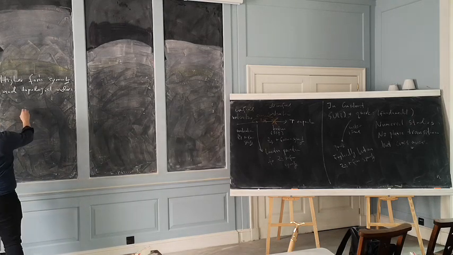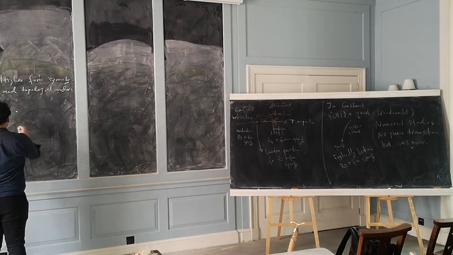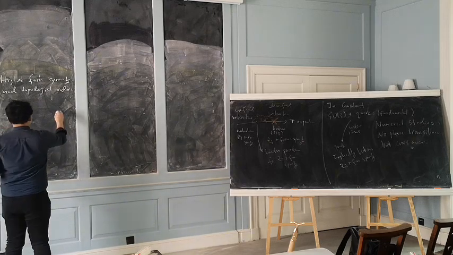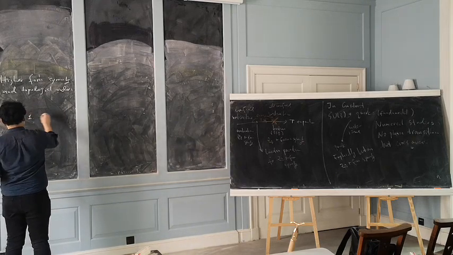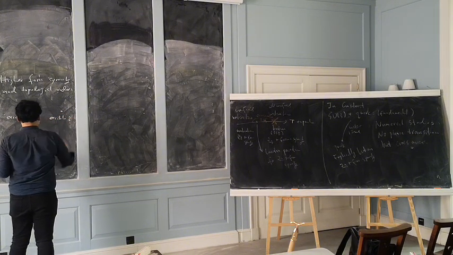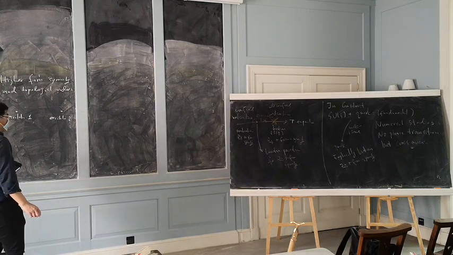So a topological order can describe the following correlation. You can have a pair of excitations, excitation 1 and excitation 2, such that there's no local correlation between them.